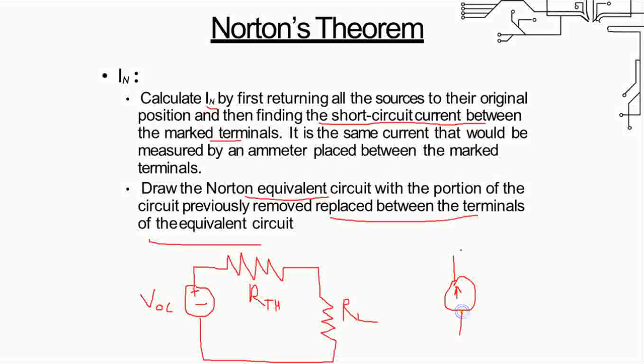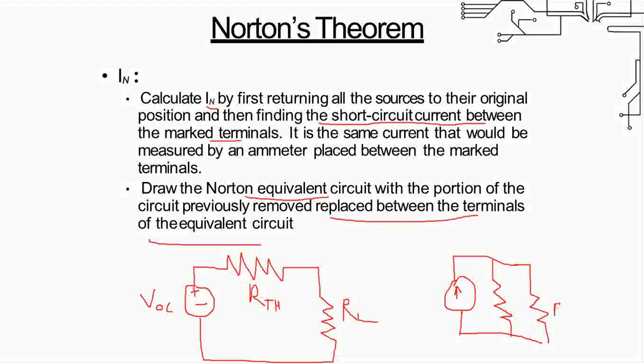Then Norton's resistance RN, and then your load resistance RL. So this was your Norton's equivalent circuit.